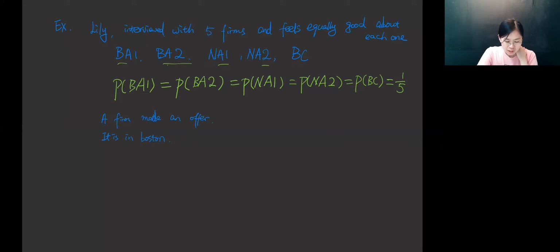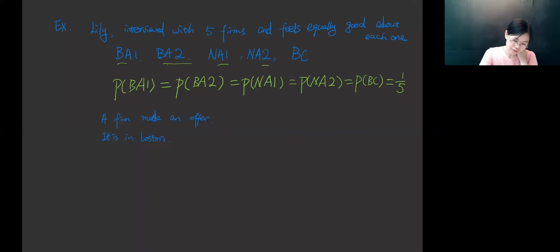Okay. Now, Lily is not satisfied with her roommate's relay of the message to her because she doesn't remember which firm it was. So the roommate thought and thought. She remembered one piece of information now. She remembers that the firm is in Boston, but she still doesn't remember which firm it was.